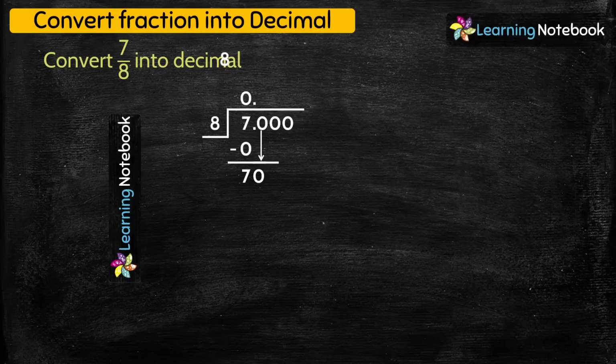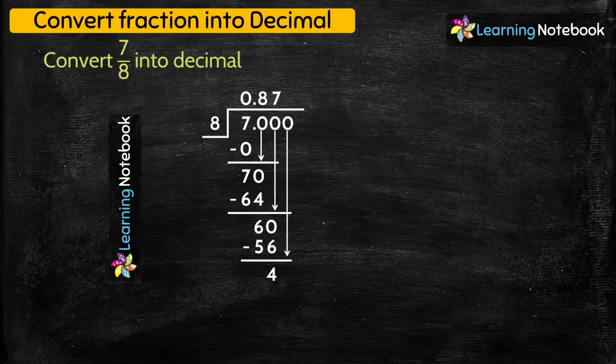8 into 8 equals 64 and 70 minus 64 equals 6. Let's copy next 0 and now we will divide 60 by 8. 8 into 7 equals 56 and 60 minus 56 equals 4.